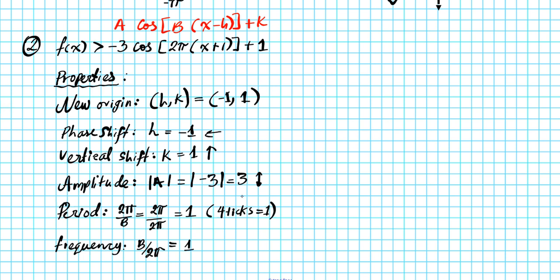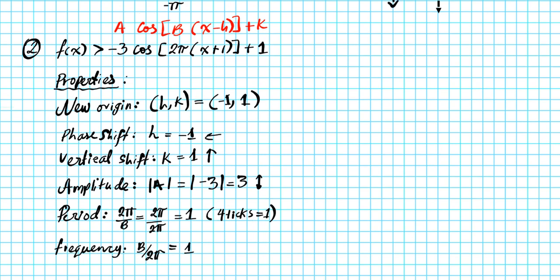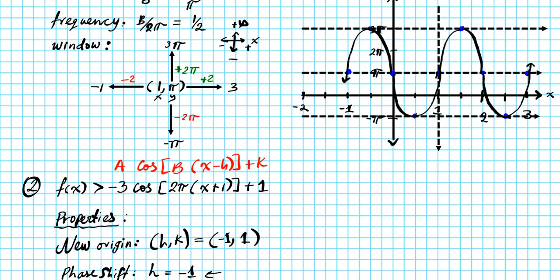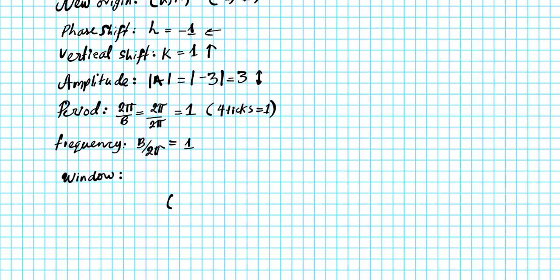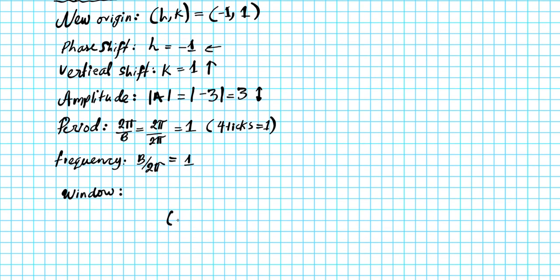All right, let's set up the window for this graph. Okay. So the window is as follows. Graph the new origin first. Our new origin is -1, comma 1.